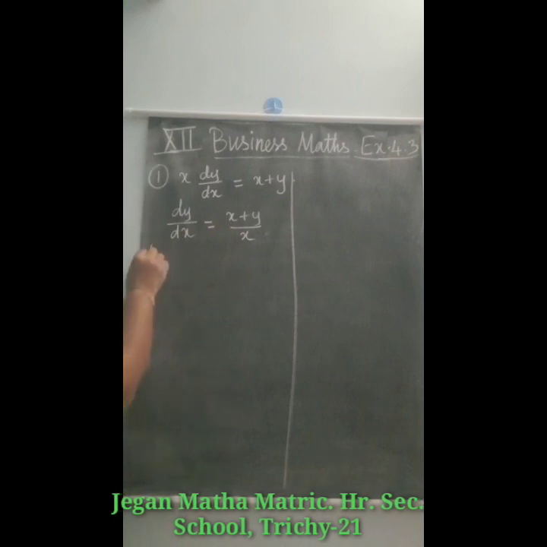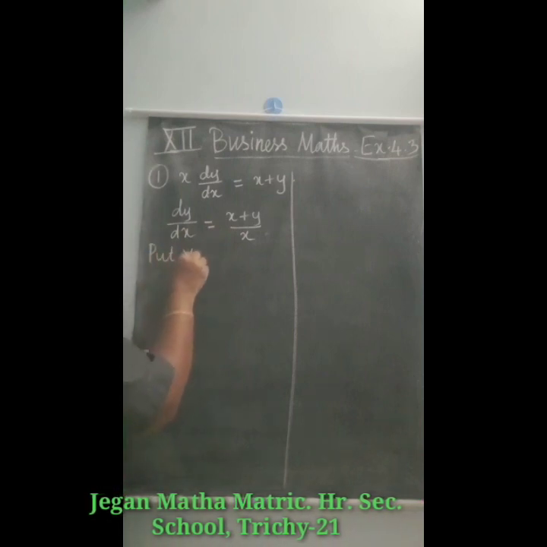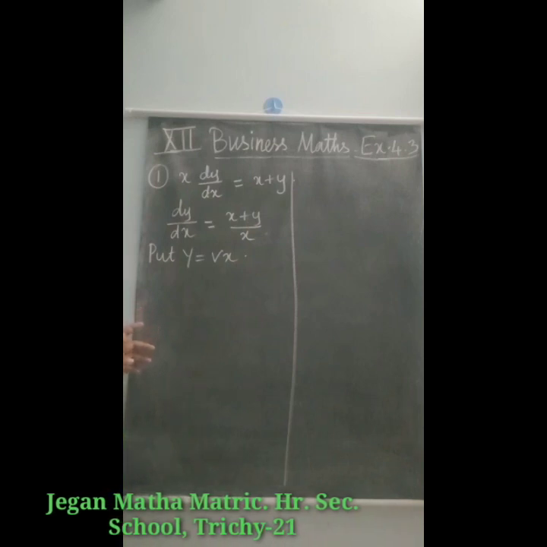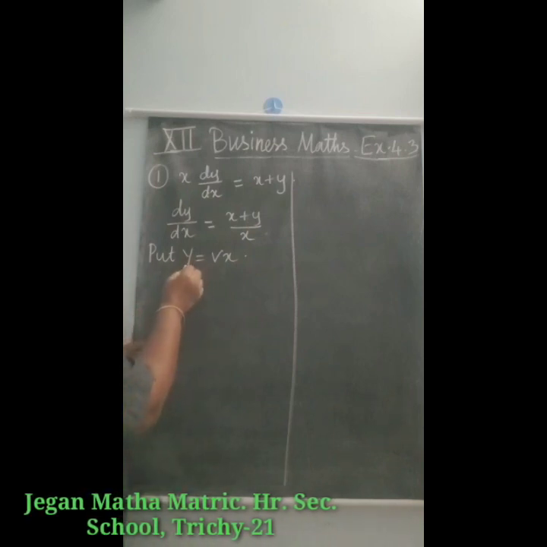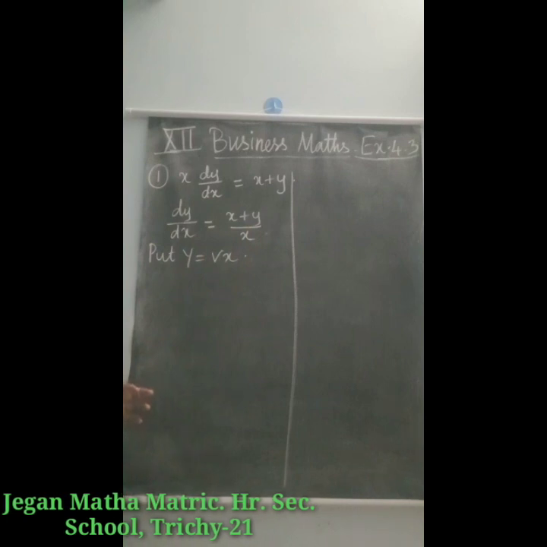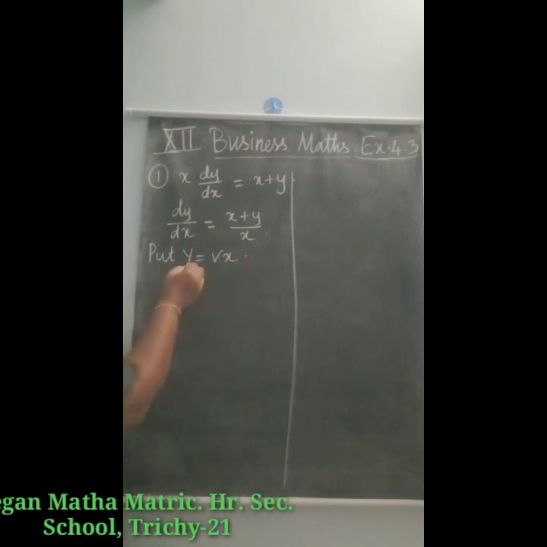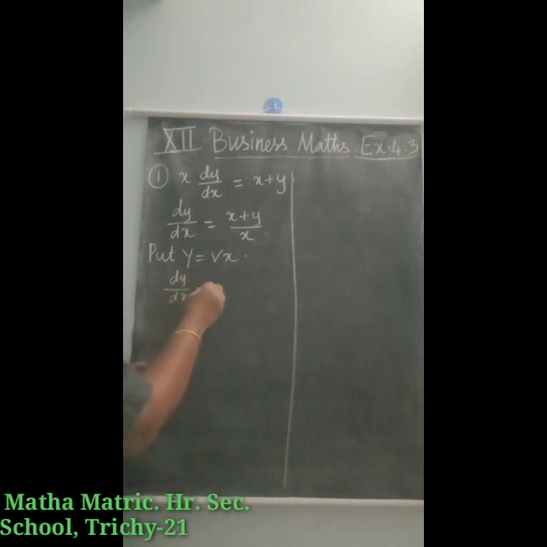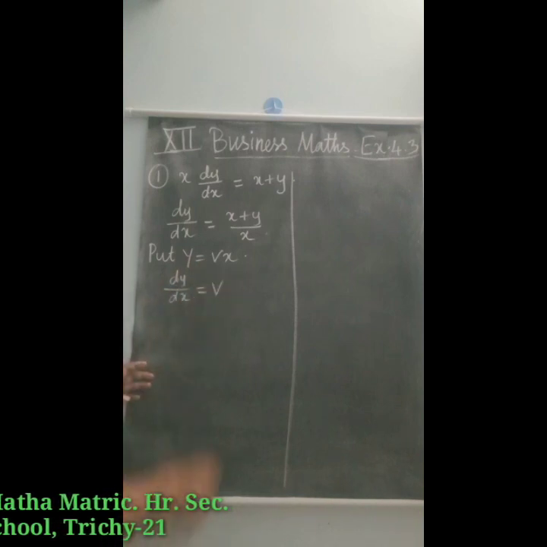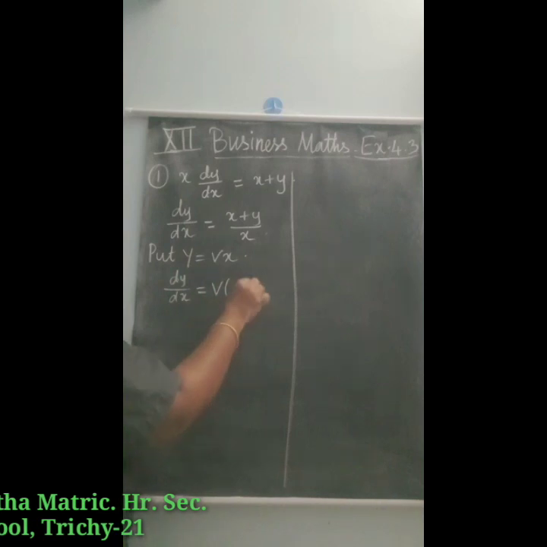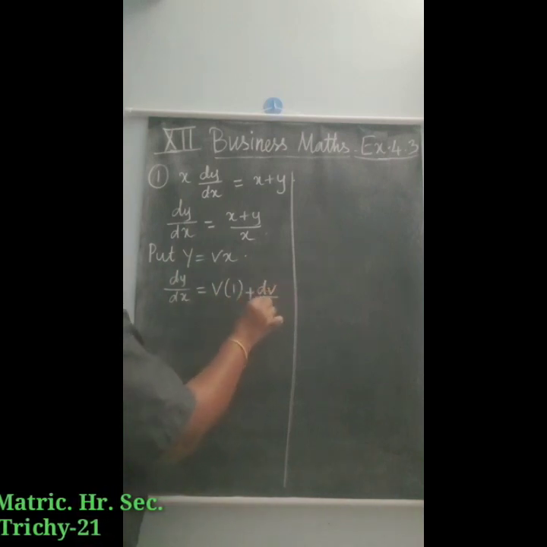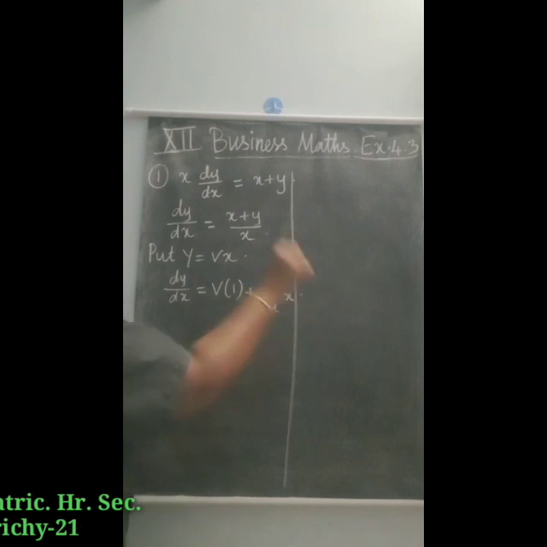So, put y is equal to vx. So, dy by dx is equal to, instead of y, we have to substitute vx. So, first differentiate this one. dy by dx is equal to v into the differentiation of x, which is 1, plus dv by dx into x.